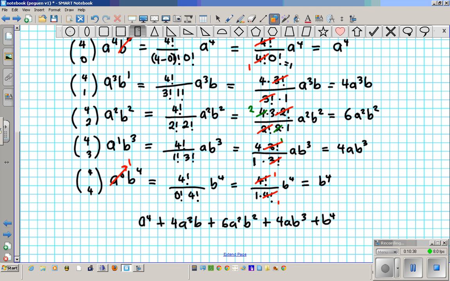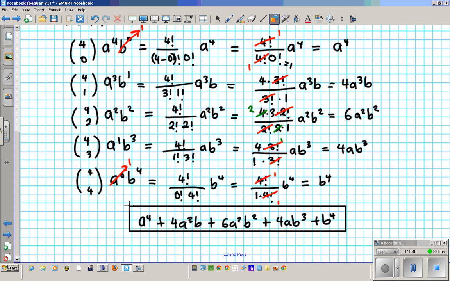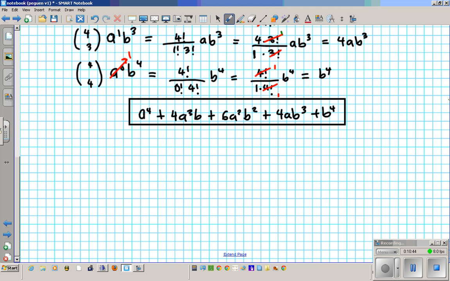Now, let's do the same problem using Pascal's triangle, and then we're going to compare and contrast. So let's see which one we prefer, okay? So a plus b to the 4th, if I wanted to use Pascal's triangle, I'm going to go to the 4th row, okay? So this is row 0, row 1, row 2, row 3, row 4. Okay? So we're just going to line up the numbers 1, 4, 6, 4, 1.